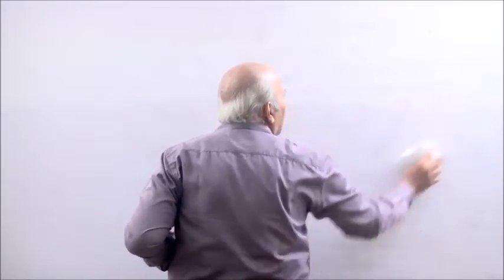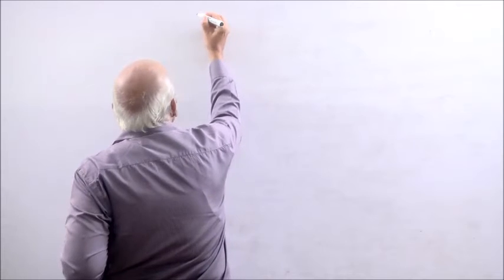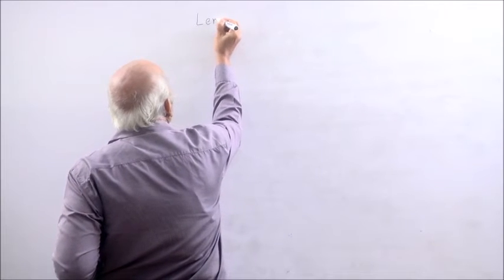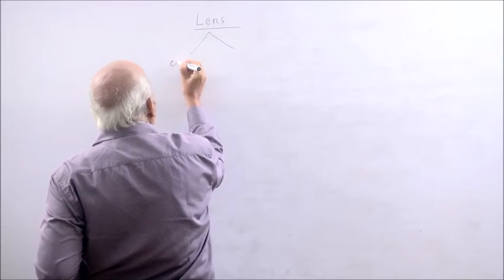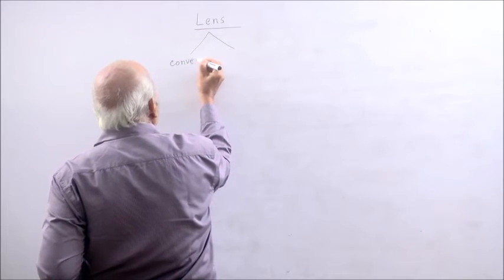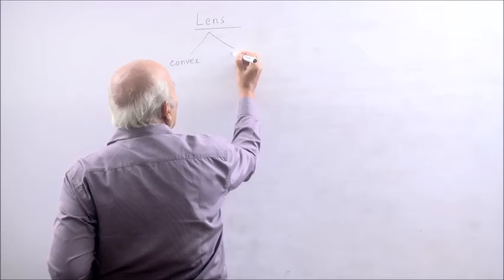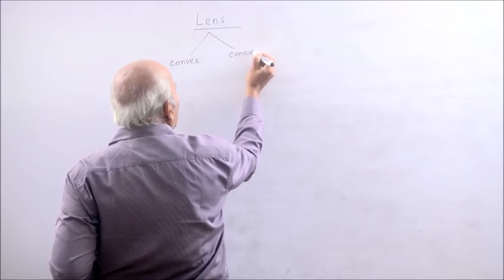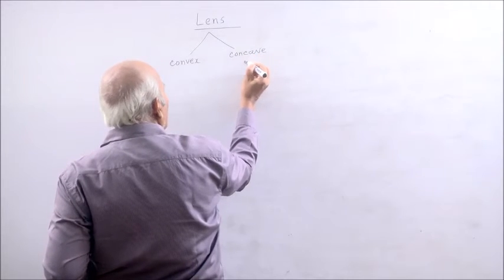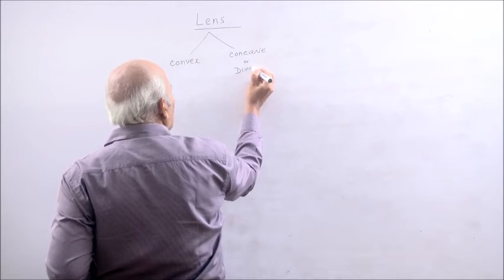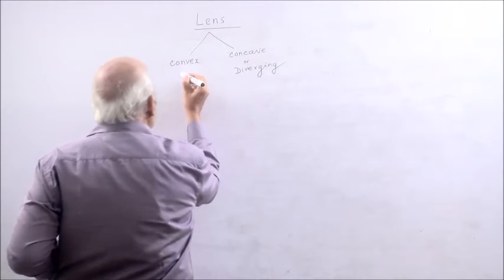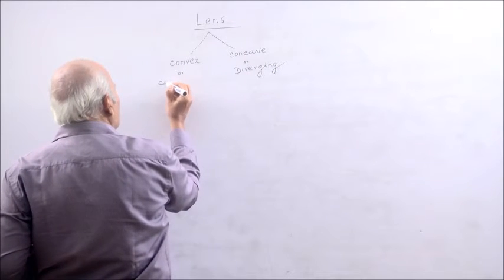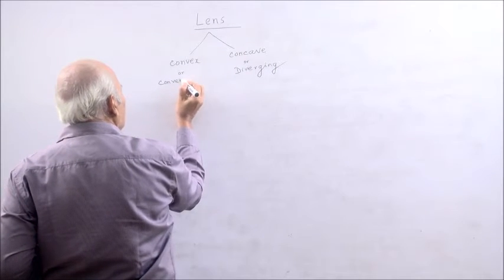Lens, broadly there are two types, convex and concave. Concave or diverging, convex or converging.